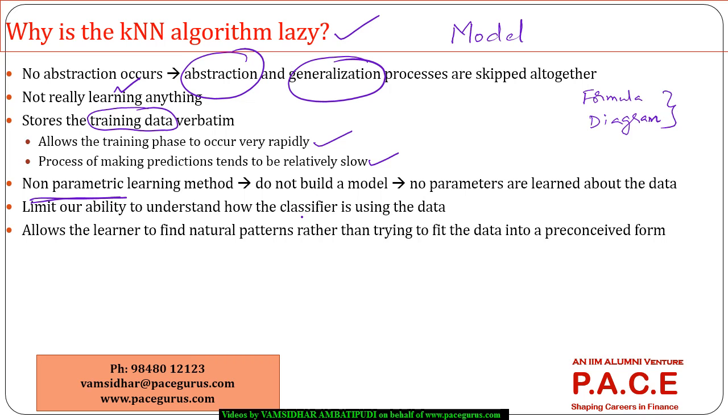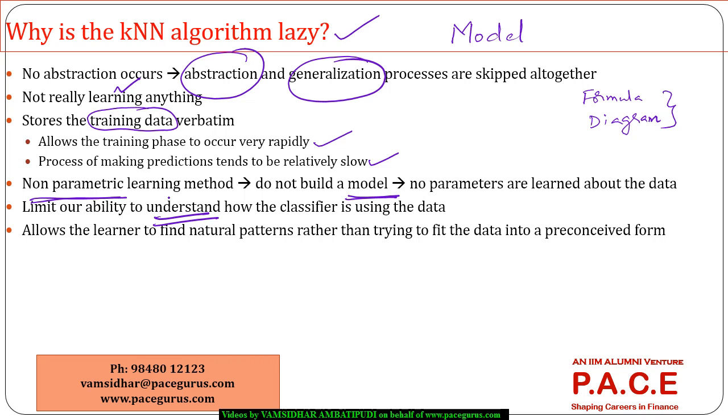So there are no computations involved, no model that is built. So no specific learning comes from this model. So there is no way you can understand how the classification has worked. If there are parameters, if there are formulas, then you can make out which variable is significantly influencing the group, and which variables are insignificant in the classification.